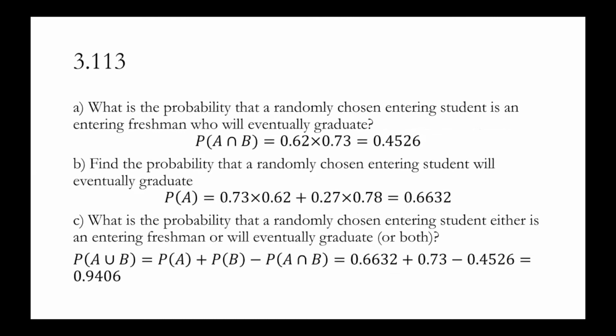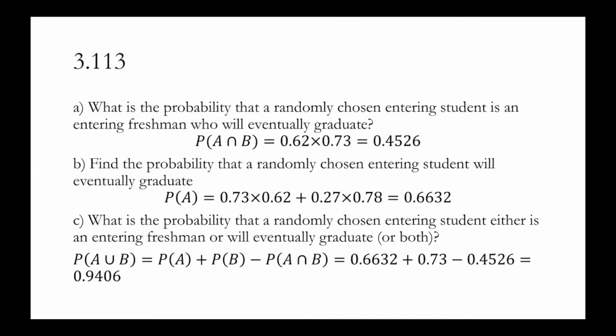And then the next exercise will be, what is the probability that a randomly chosen entering student either is an entering freshman or will eventually graduate, or both? So in this case, you want to have the union of these two events: being an entering freshman, and the other event that the student will eventually graduate.